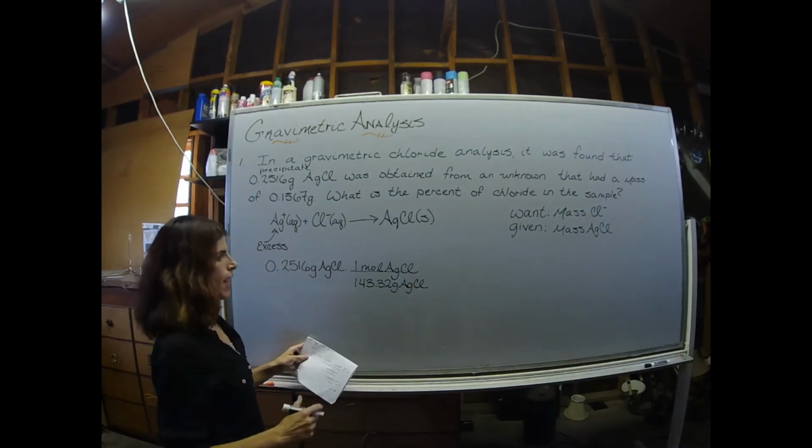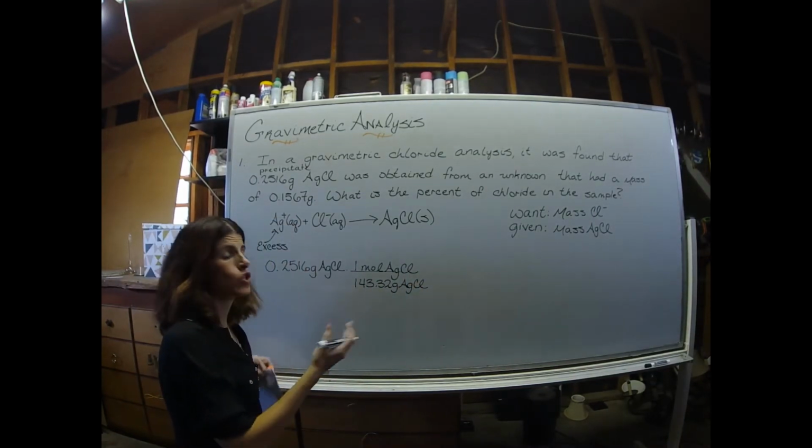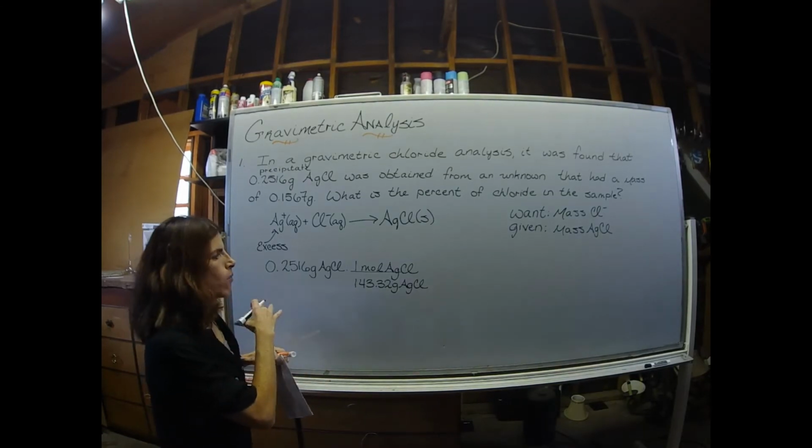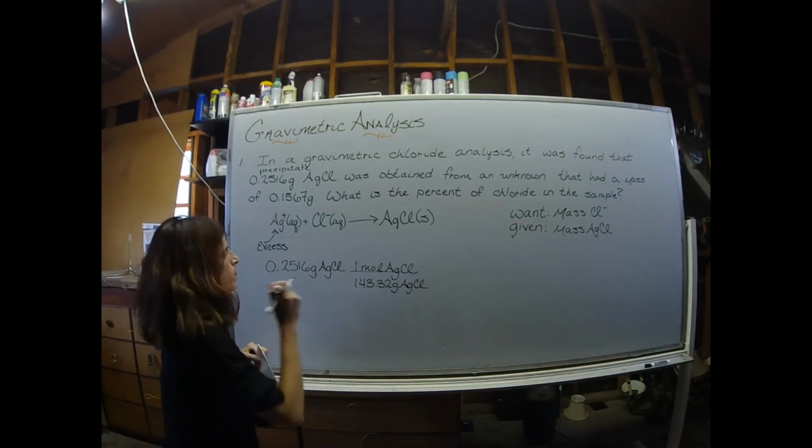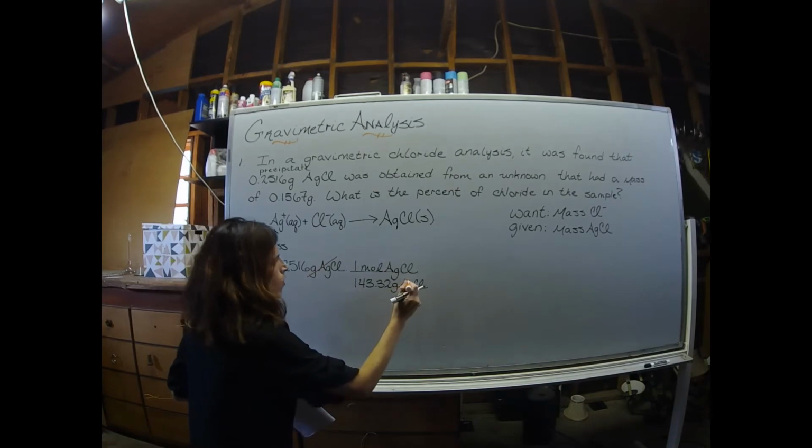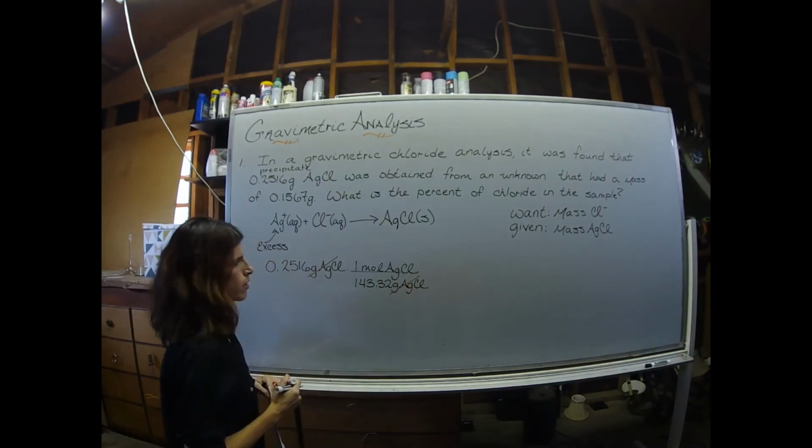Alright, after that, always, just like with all the stoichiometry, look at what we got rid of, look at where we're going. So the grams of silver chloride will cancel with the grams of silver chloride.